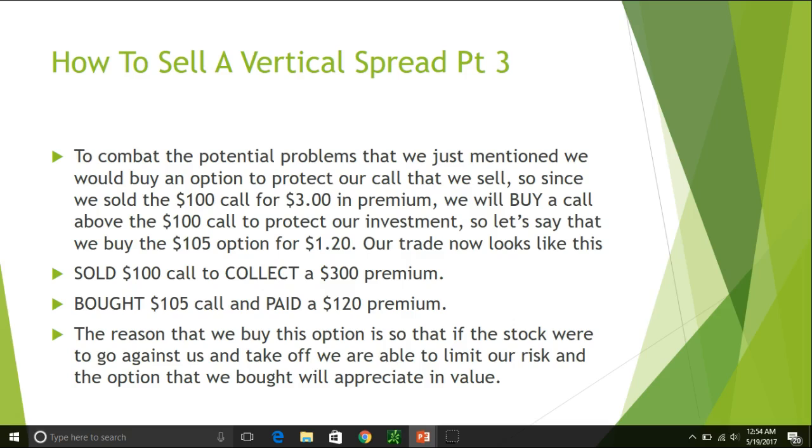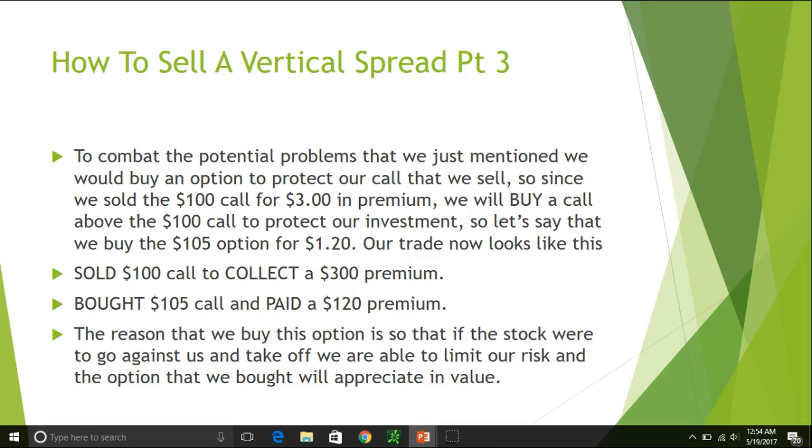Or let's say that you have more risk tolerance and you want to collect more premium, you could set up your trade to where you could lose $1,000, but you could collect more premium. So the spread is completely dependent on your risk tolerance. Typically, I like keeping things a little bit closer. I don't like risking more than about $300 per contract.